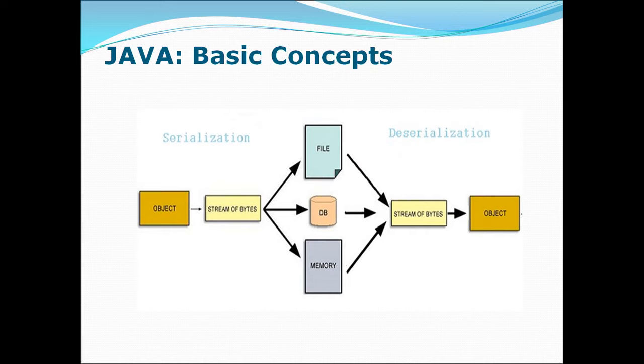Once again you will see. Okay, so if I am converting an object into a byte stream, this is called serialization, and storing it somewhere, and deserialization is the reverse of it. Okay, yeah.